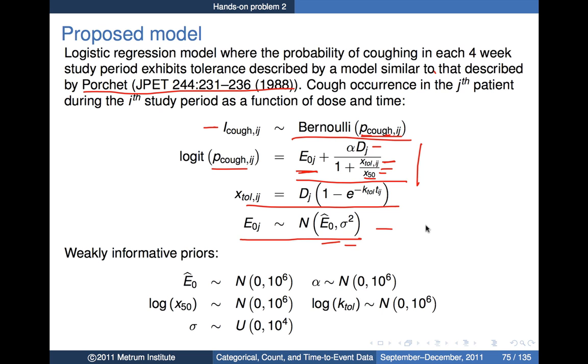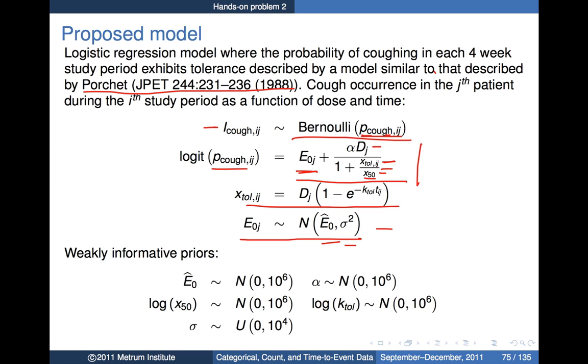Maybe one comment I don't think I made the last time is you'll probably find that when you're working with binary data, it's pretty hard to support much more than one random effect in most cases unless you have a particularly rich collection of binary data within each individual. In this case, where we've got, I guess, six observations per individual, it's unlikely we would be able to reliably estimate more than one random effect in there. And that's because binary data, in a sense, is kind of information poor.